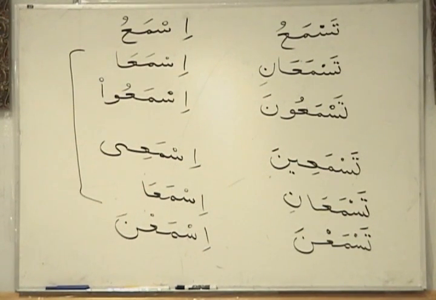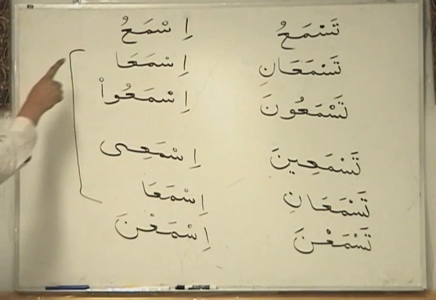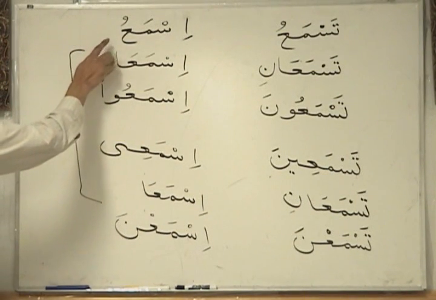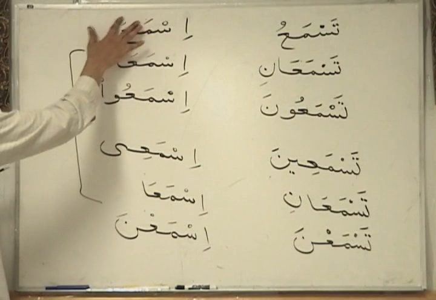So what we are left with is the first one and the last one. This second person, masculine singular, and the second person, feminine plural. These are the two that we're left with. What do we do with those? The first one, which is, did I keep saying first person? It's second person. Second person masculine singular, change it to a sukoon, jazm.